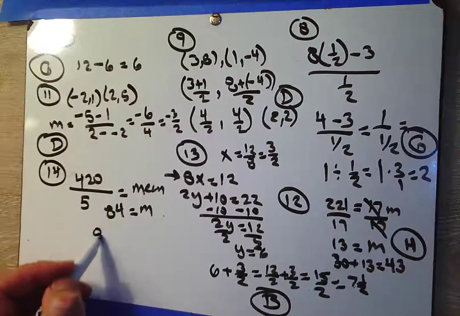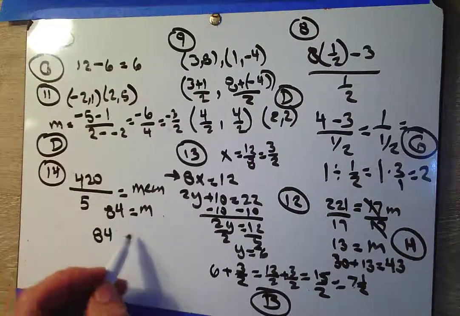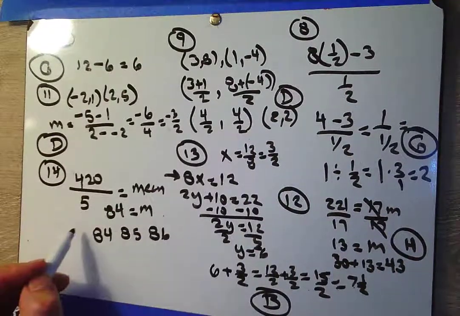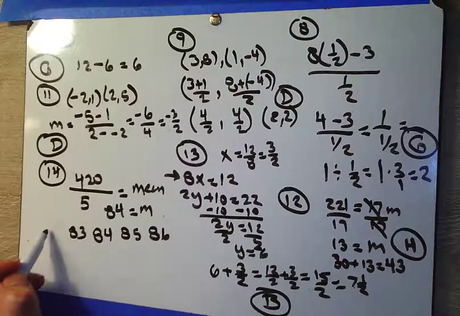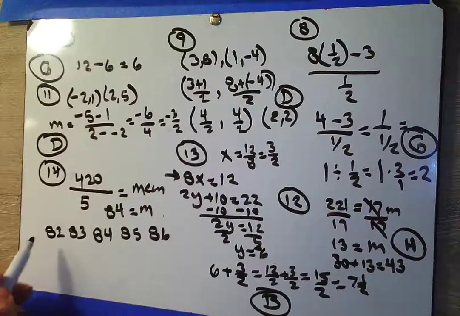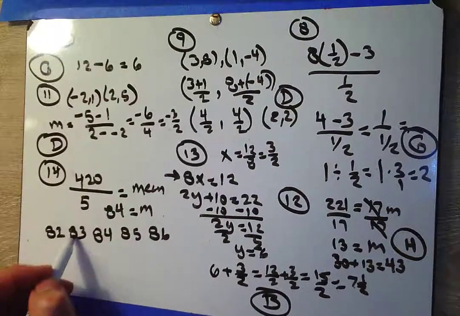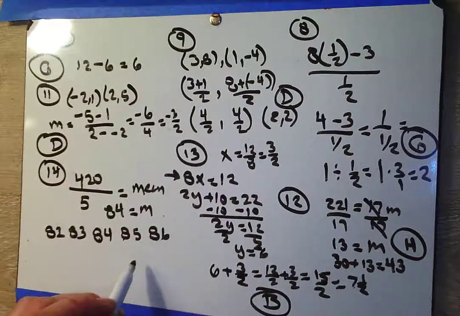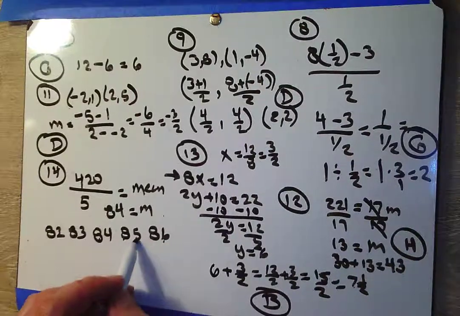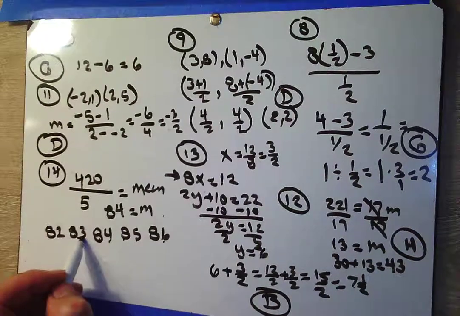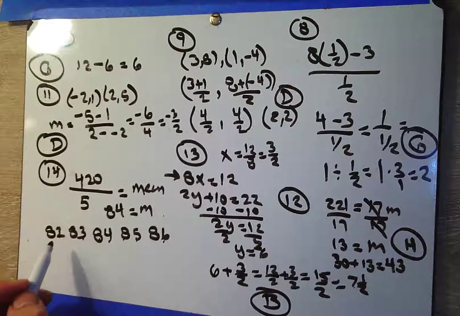And I know there are 5 numbers, so 2 of them will be above, like 85 and 86, and 2 will be below, like 83 and 82. So if we add up all of these, we should get 420. 80, 80, 80, 80, 80, that's 400, 411, 415, 418, 420.